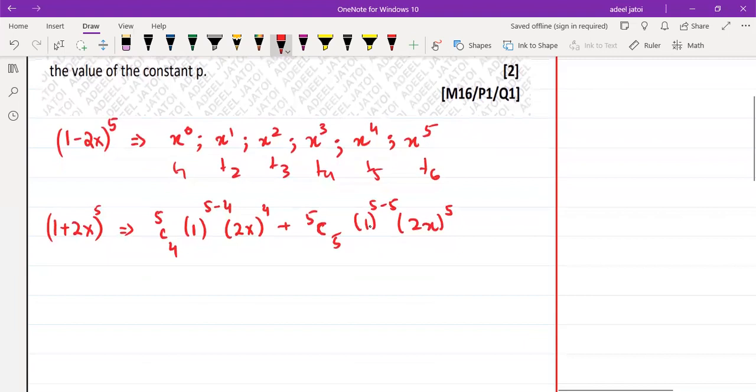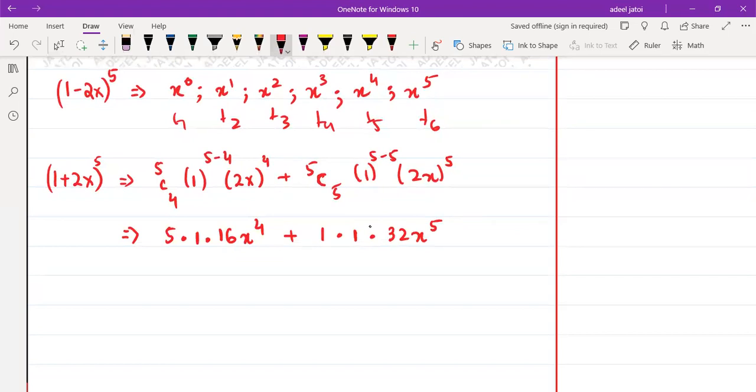Can I have the value of 5C4? 5C4 is 5, multiplied by 1, 2 to the power 4 is 16, x to the power 4. 5C5 is 1, multiplied by 1, 2 to the power 5 is 32, x to the power 5. 16 into 5 is 80, x to the power 4 plus 32, x to the power 5.